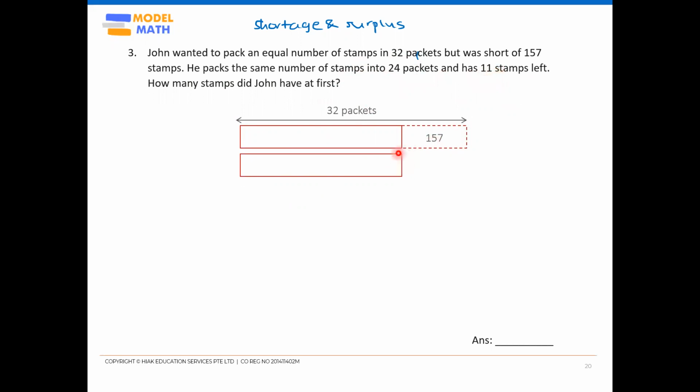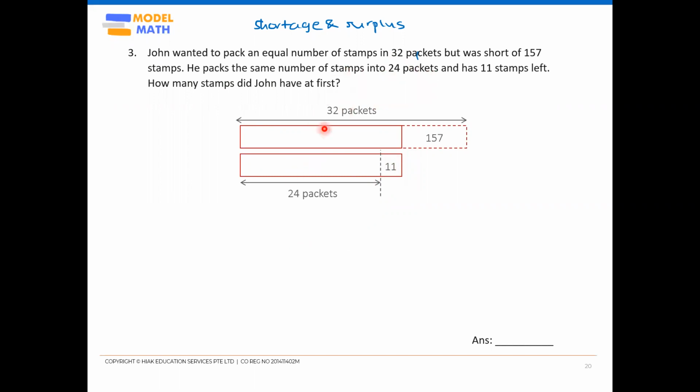The 11 should be inside your original model because this is your leftover stamps, so you're just going to cut it out. This is your 11. And your 24 packets will be from here, stretching out to this dotted line, because the 11 stamps are not included in your 24 packets. Okay, so the model is done.